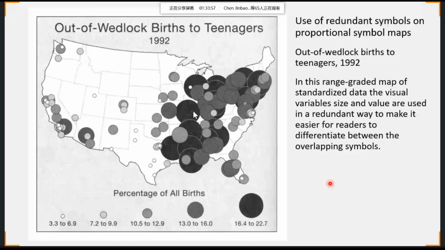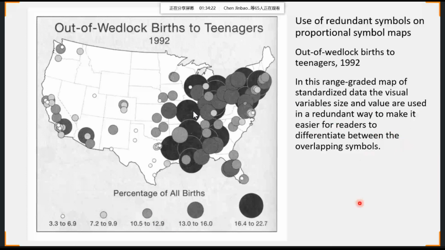It's also range graded, because one size is chosen to represent a whole class of values. Therefore, it's range graded. And here the visual variables size and value are used in a redundant way to make it easier for readers to differentiate between the overlapping symbols.